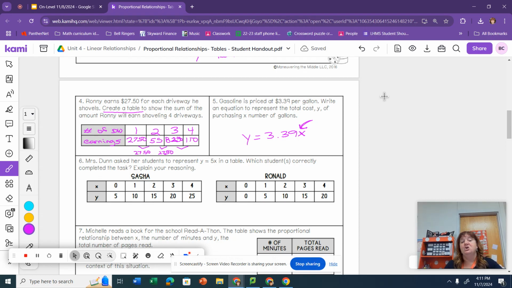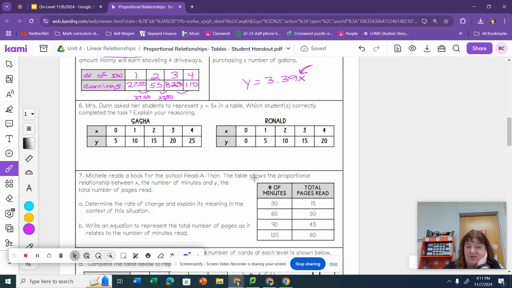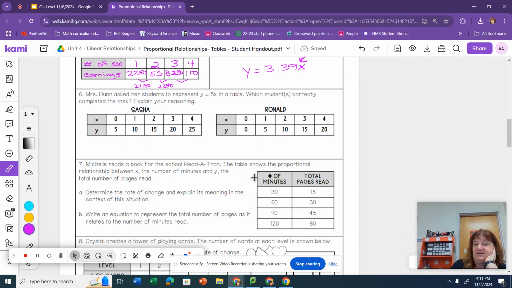Okay? So Mrs. Dunn asked her students to represent y equals 5x on a table. Which student correctly completed it? Remember how I showed you up here that you're just adding $27.50 each time? Which table is adding 5 each time? Okay?